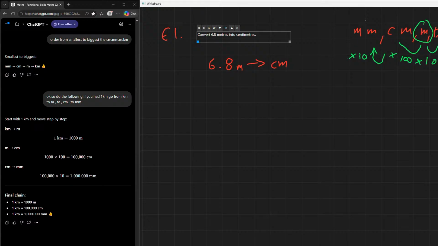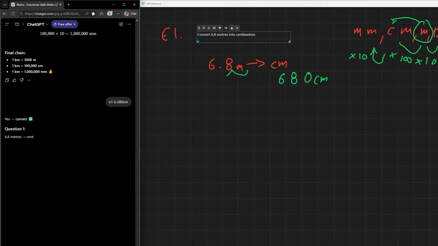And the other way is the opposite, which is division. So we need to go from millimeters to centimeters. So we need times 100. So it's going to be 680, if I'm correct.